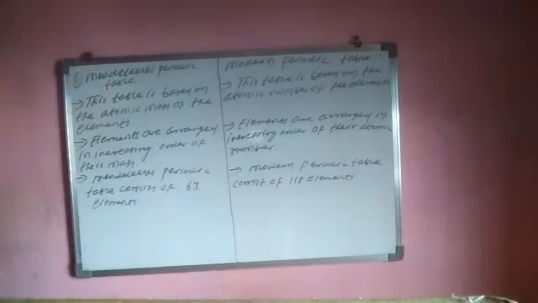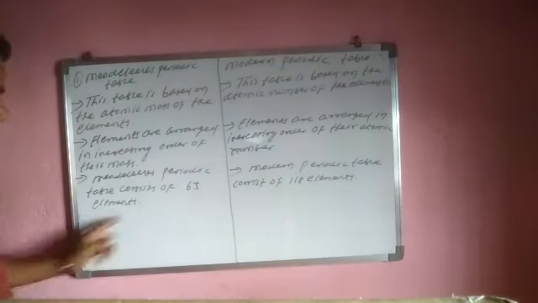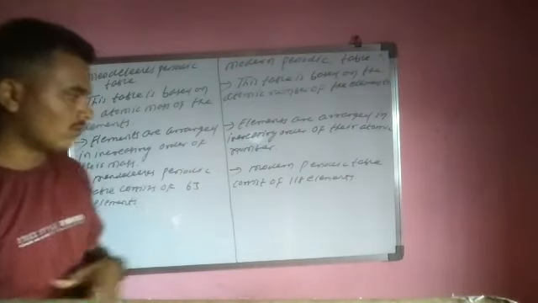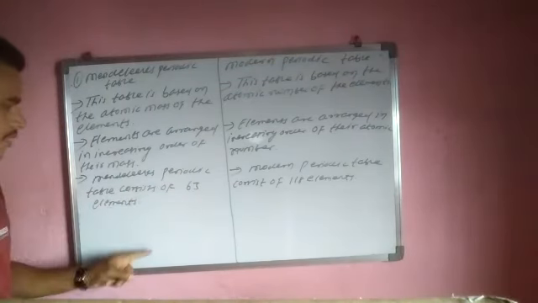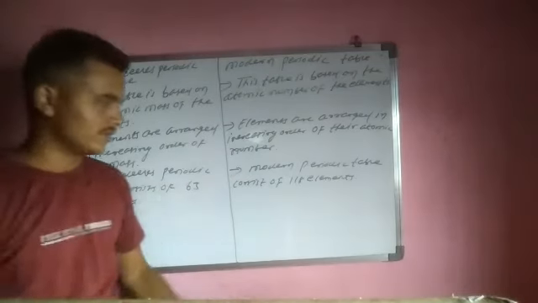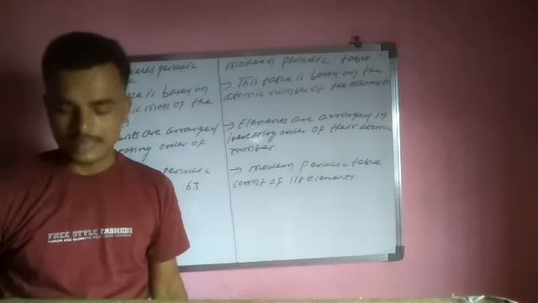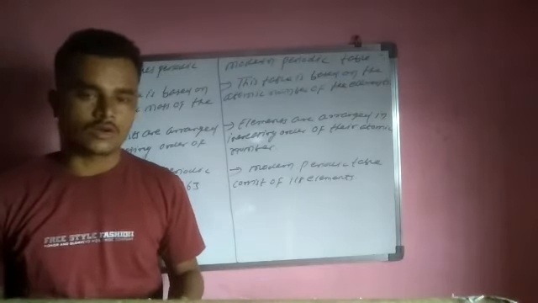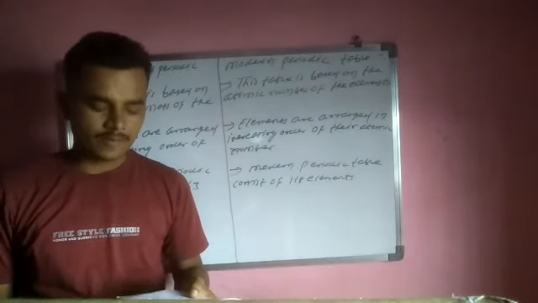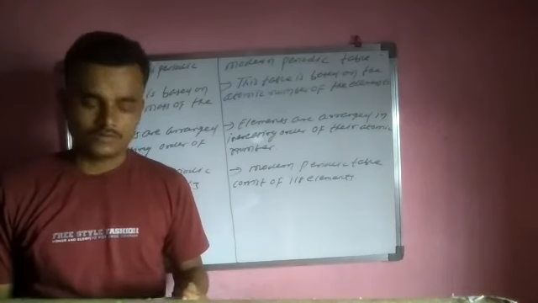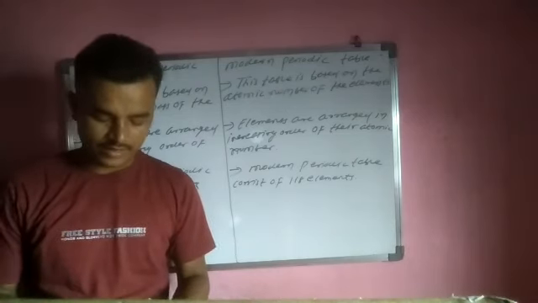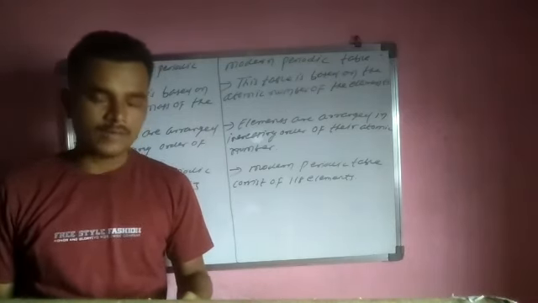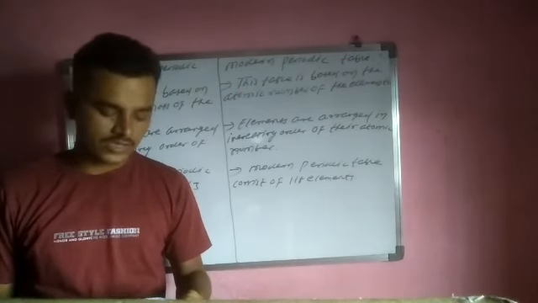Listen, Mendeleev's periodic table consists of 63 elements, and modern periodic table consists of 118 elements. Next, now see Mendeleev's periodic table is based on the Mendeleev's periodic law, and modern periodic table is based on the modern periodic law. Now see the laws. Properties of elements are periodic function of their atomic masses.